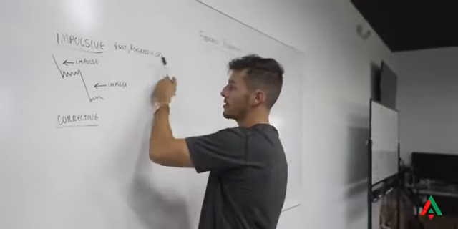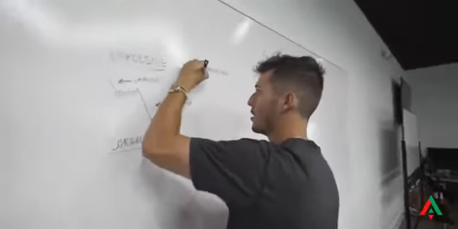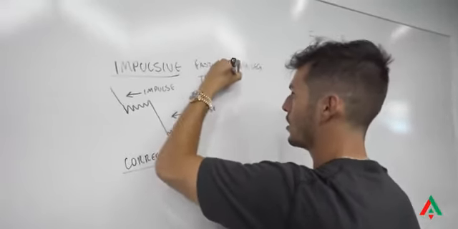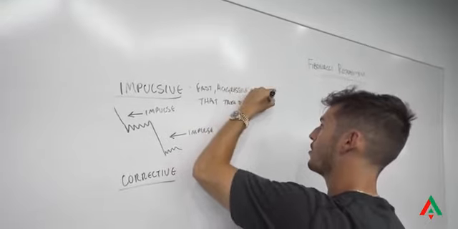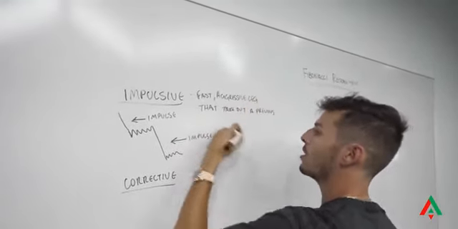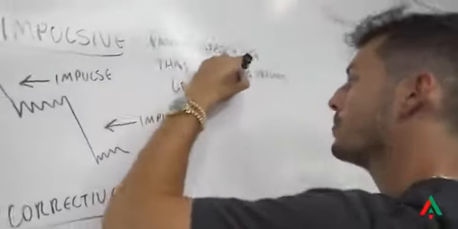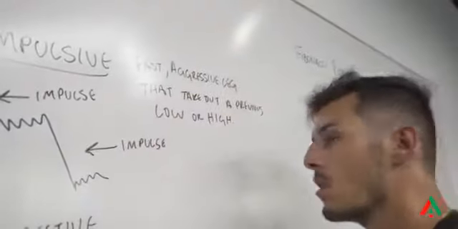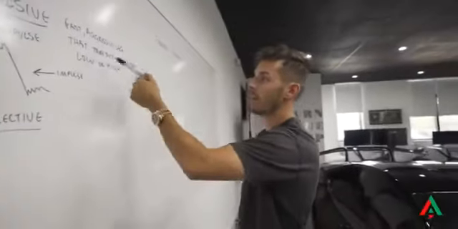They are fast, aggressive legs that take out a previous low or high. Very important that you guys know that: a fast, aggressive leg that takes out the previous low or high.